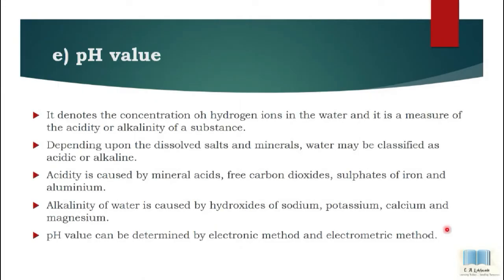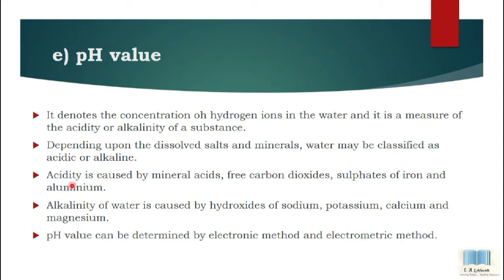Then the next test is pH value. pH value denotes the concentration of hydrogen ions in the water and it is a measure of the acidity or alkalinity of a substance. Then the second point is depending upon the dissolved salts and minerals, water may be classified as acidic or alkaline.